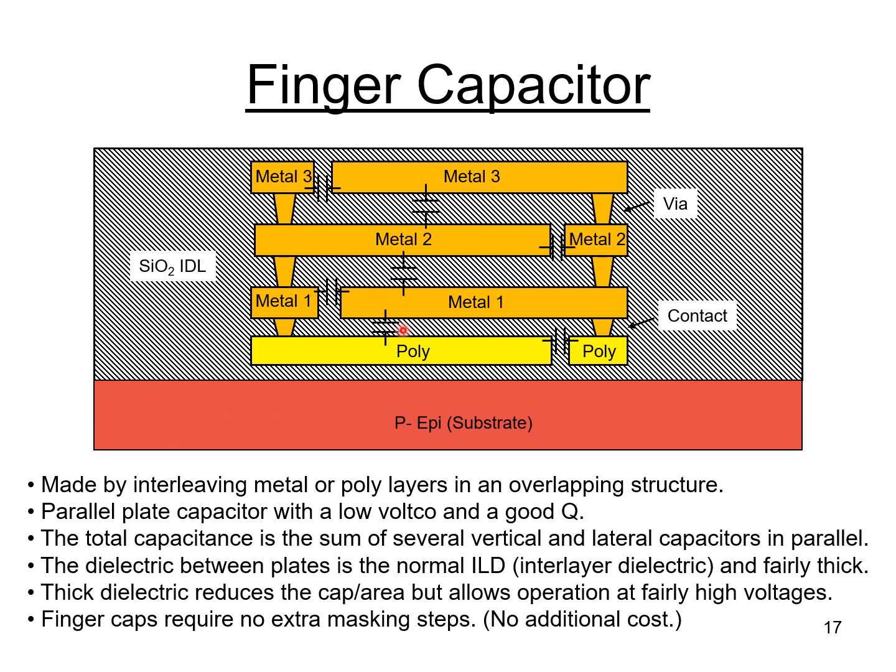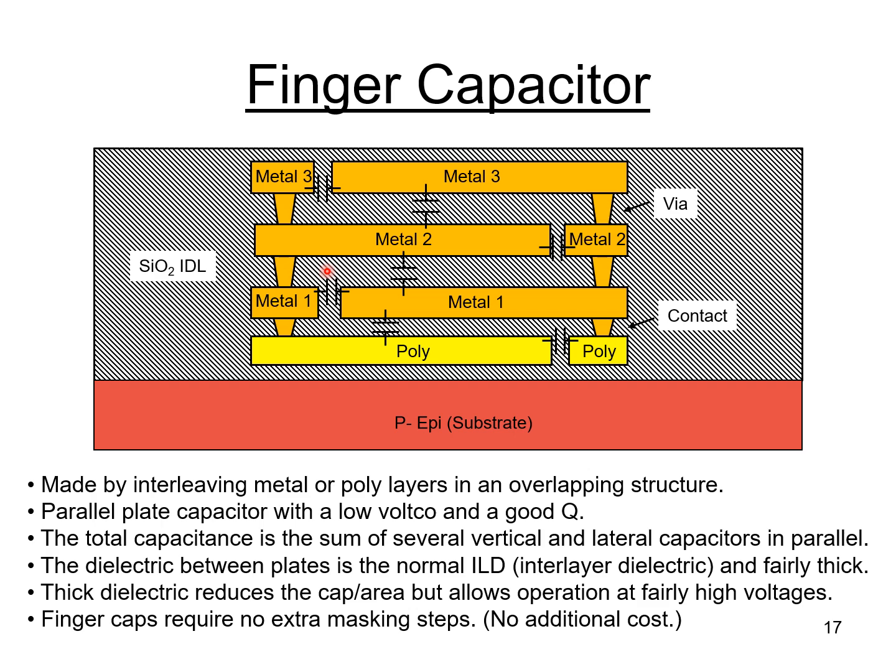If you look at the above drawing, you can see that I've drawn in a bunch of capacitor schematic symbols in here. Some of them are vertical and some of them are lateral capacitors. The dielectric between the plates of the capacitors is the normal ILD, which stands for interlayer dielectric, and because of that it's fairly thick.